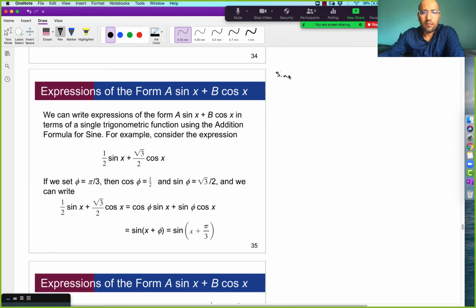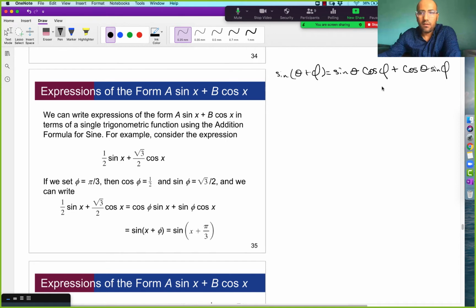Sine of theta plus phi is equal to sine of theta cosine of phi plus cosine of theta sine of phi.